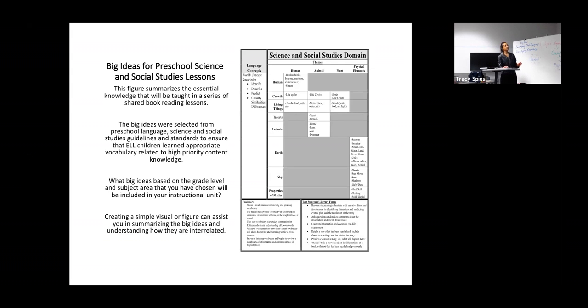And you see them here. So for example, I've got a study about the human body, about animals, about plants, about the physical environment. Then I think about, are these big ideas, how do they look at this grade level? This, for example, is pre-K. So for me, starting with the visual helps me to organize my instructional unit because this is my map for creating my instruction.